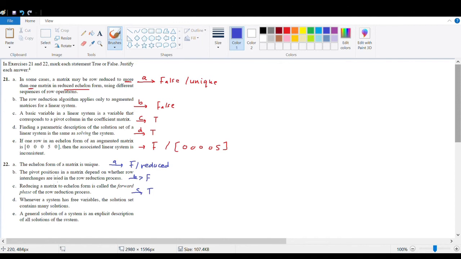Now D, whenever a system has free variables, the solution set contains many solutions. This one should be false. Why? Because the system should be consistent. So first, it should be consistent first.